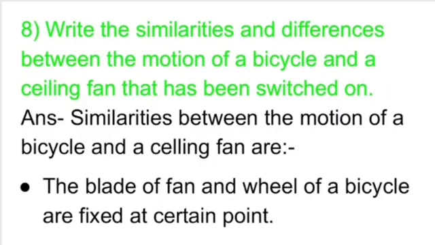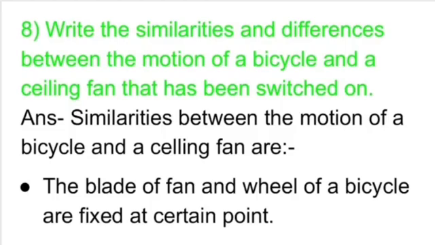Question number 8. Write the similarities and differences between the motion of a bicycle and a ceiling fan that has been switched on. So similarities are, the blade of a fan and wheels of a bicycle are fixed at a certain point.